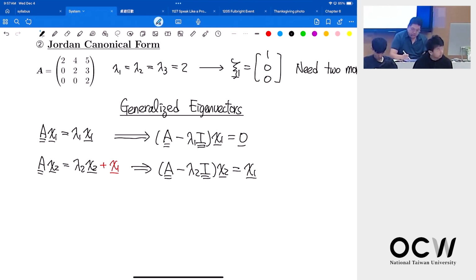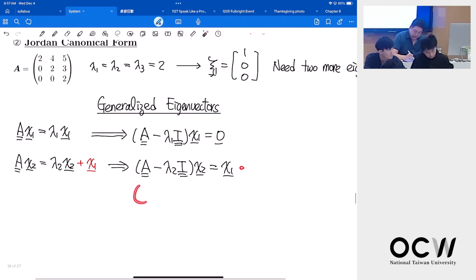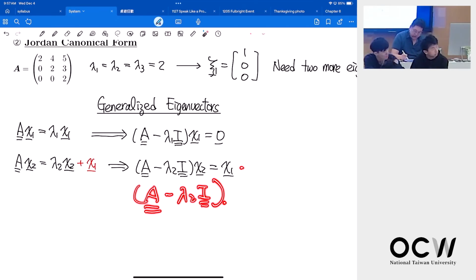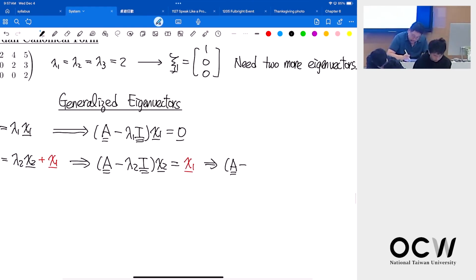Rather than 0, that's x1. And from both sides, I multiply by A minus lambda 2 I again. So here I multiply by this same thing. I have A minus lambda 2 I squared times x2 will be a 0 vector. Okay.